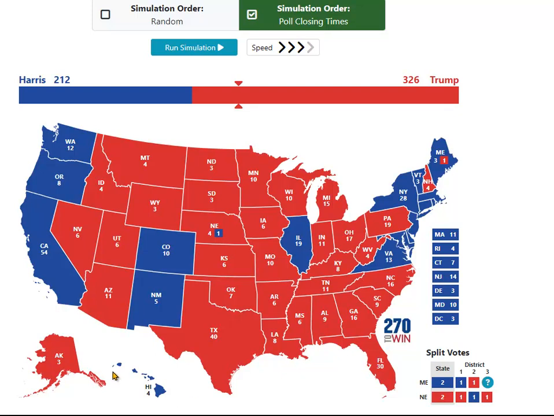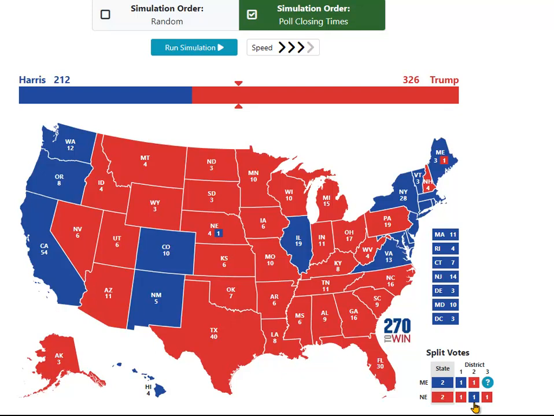There are a couple of exceptions to this. One of them is Maine, and the other one is Nebraska. You can see that on a statewide plurality vote, Maine went to Harris and Nebraska went to Trump in the simulation. Then each one of the districts, Maine has 2 districts, Nebraska has 3, is awarded according to whatever plurality you have in that district.